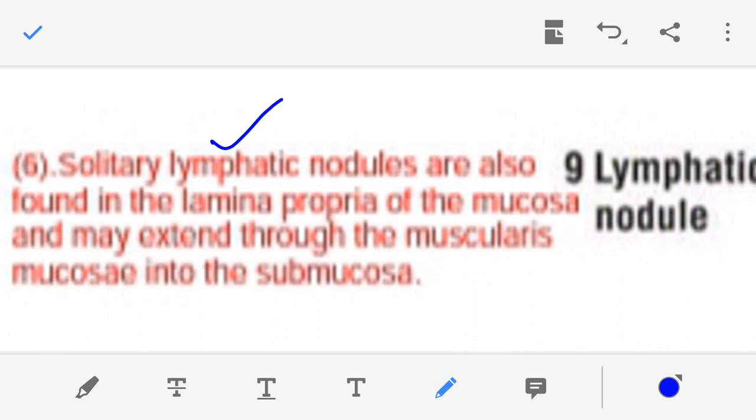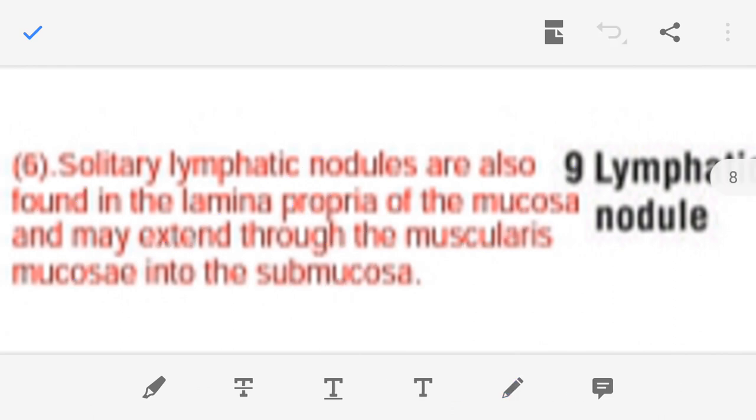Solitary lymphatic nodules are found in the lamina propria of the mucosa. Lamina propria is the areolar connective tissue, and in that these lymphatic nodules are present. This lymphatic nodule extends through the muscularis mucosa into the submucosa.